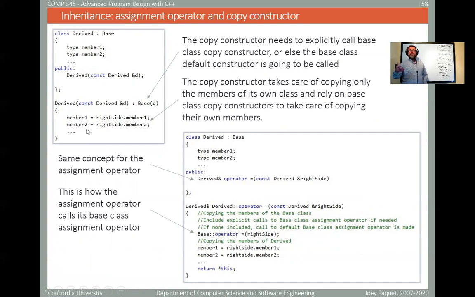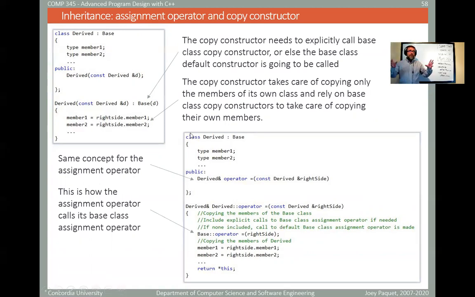So that's what I was referring to before: you should refrain, if possible, from having this copy constructor actually making a copy of the values of the base class. You should let the base class copy constructor do that for you when you call it here.